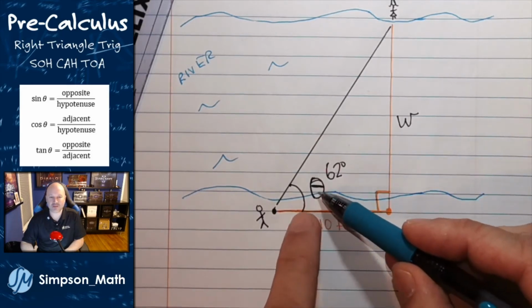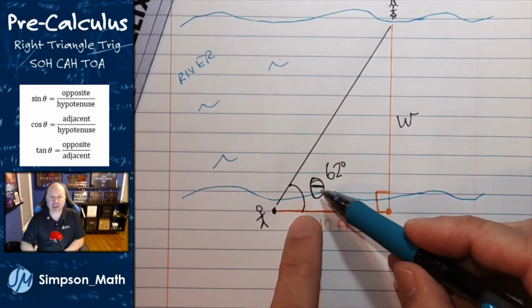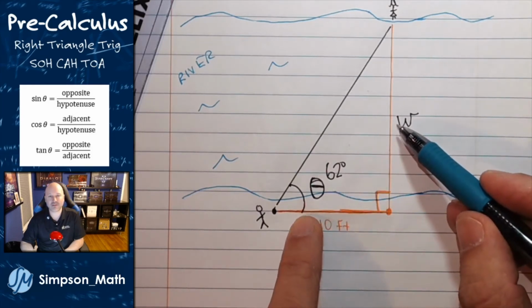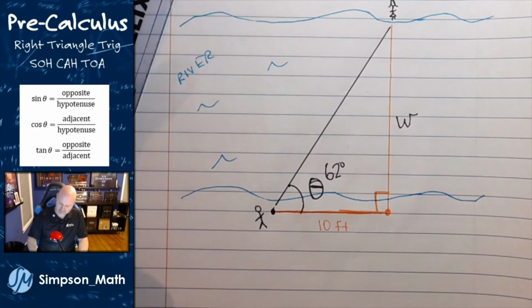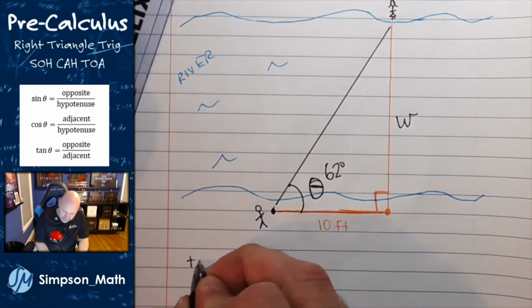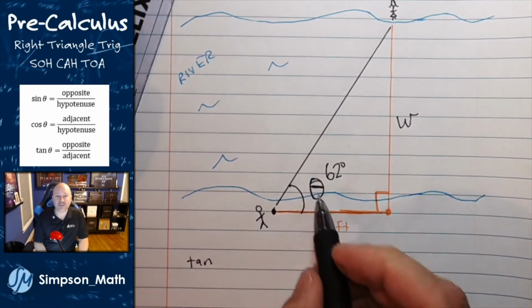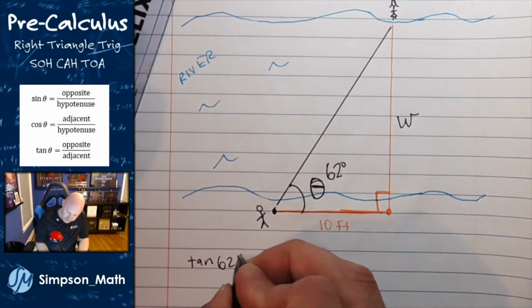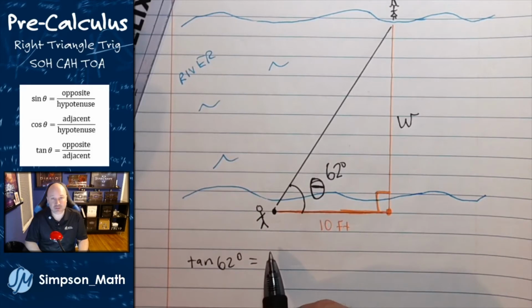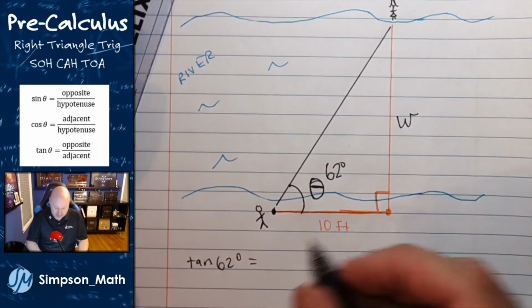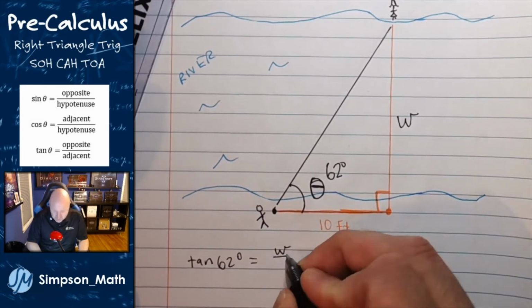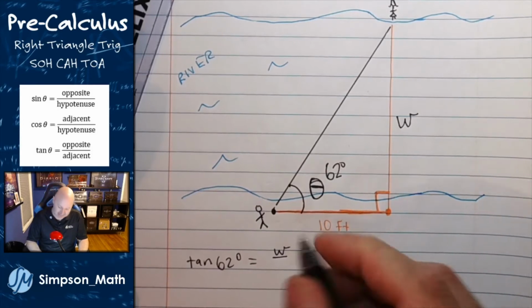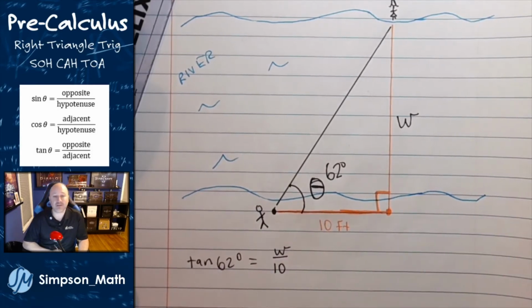To me, this is the adjacent and the opposite. Well, TOA does that. Tangent of this angle, this angle we know is 62 degrees, is equal to the opposite side length, the width, divided by the adjacent side length, 10.